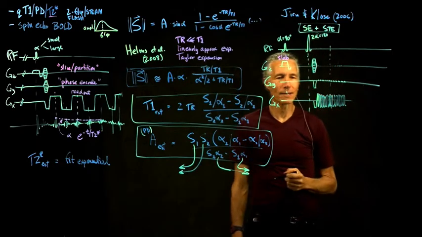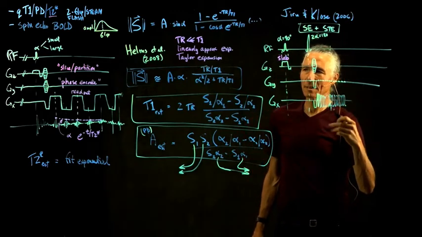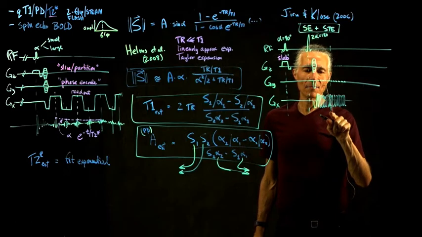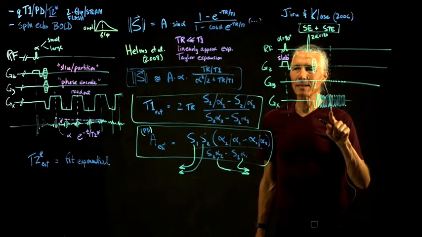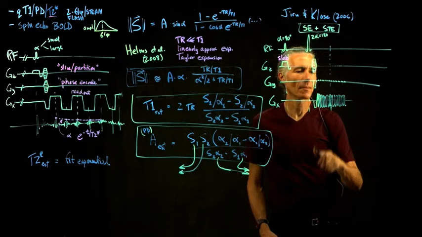So it's basically a gradient echo plus a spin echo. But since the contrast is strongly affected by the value at the center of K-space, the overall weighting of the image will be a T2 weighted image, not a spin echo weighted image, not a gradient echo weighted image. So not T2 star, but T2.